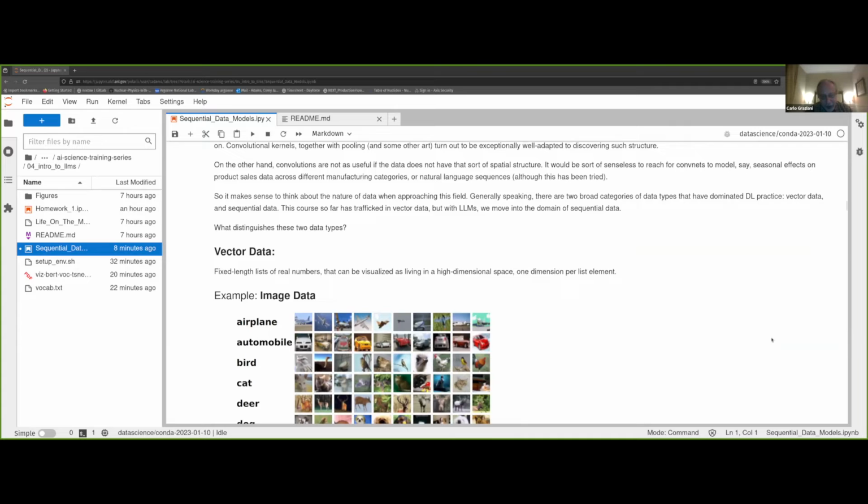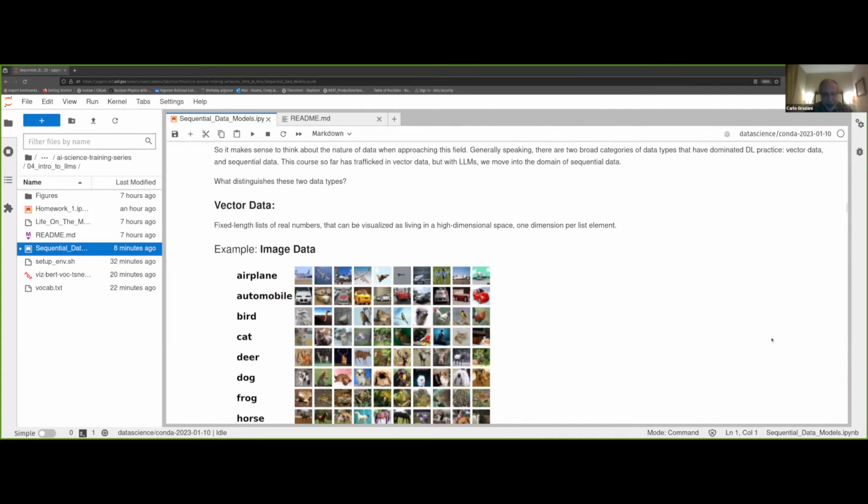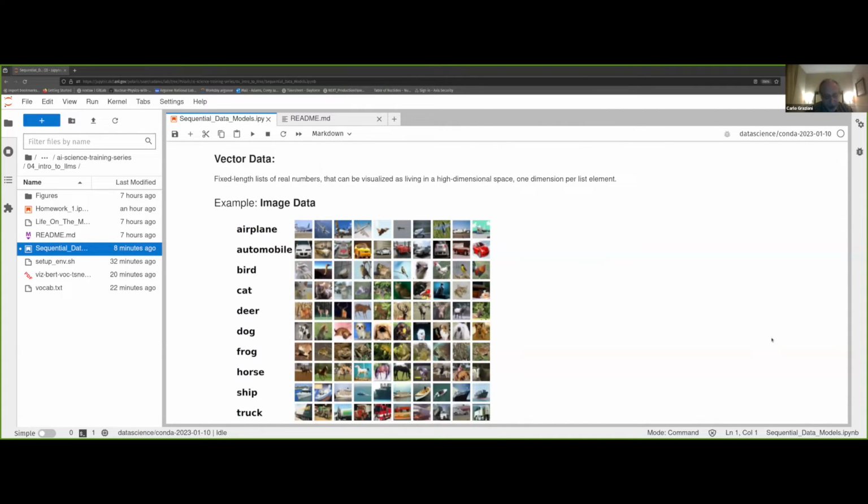So first, let's talk about the distinction between these data. Vector data is really very simple data. It's just fixed length lists of real values. I have a bunch of lists of real values and they're all the same length. You're all accustomed to visualizing vectors in 3 dimensions, and from there it's not a huge extension to visualize a vector in higher dimensions.